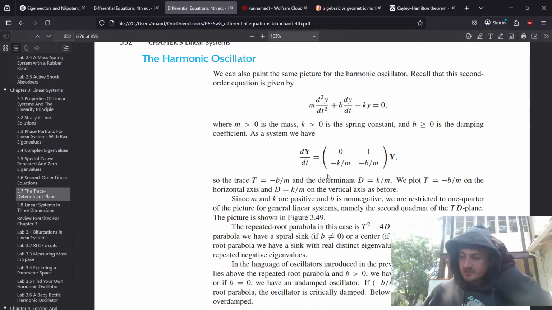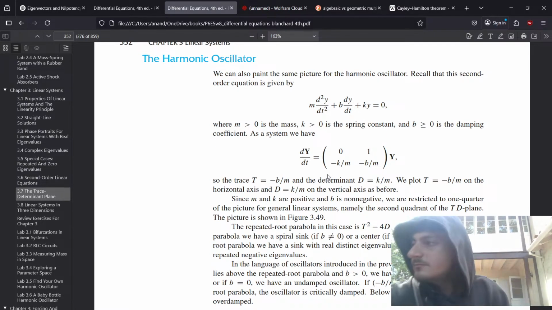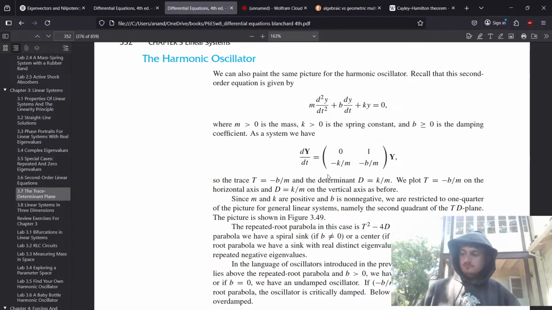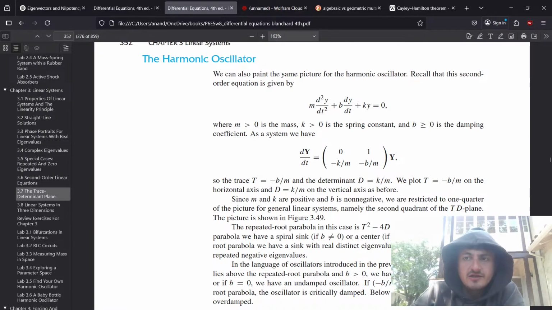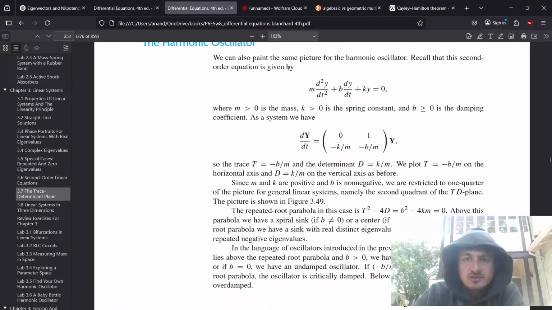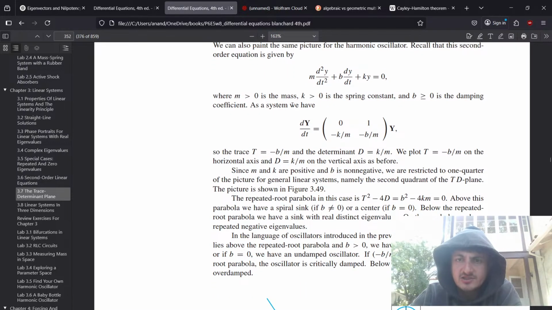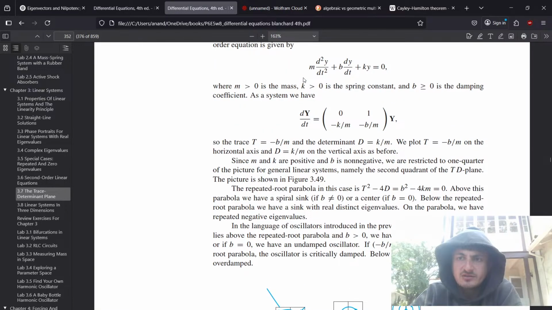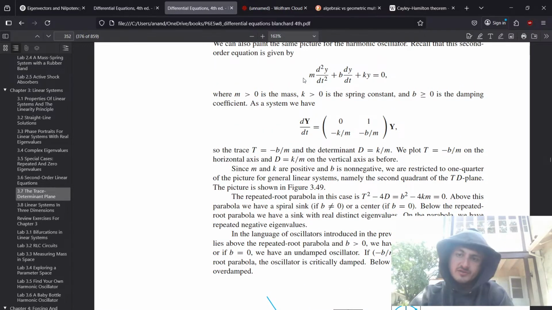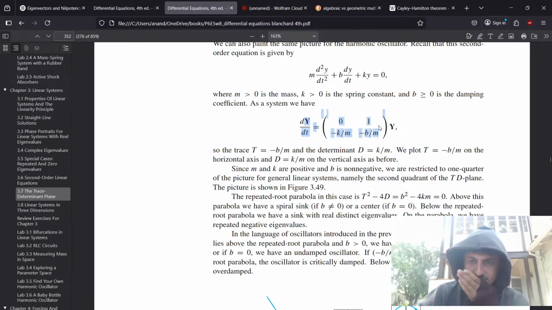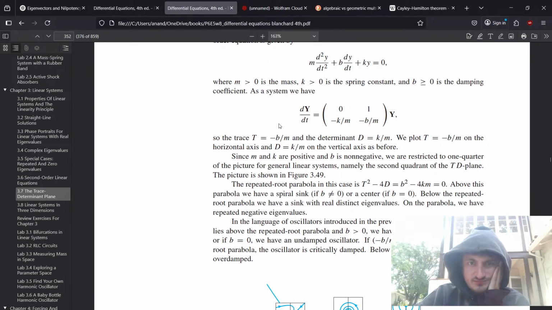All right, the harmonic oscillator. We can also paint the same picture for the harmonic oscillator. Recall that this second order equation is given by, where m is greater than 0 is the mass, k is greater than 0 is the spring constant, and b greater than or equal to 0 is the damping coefficient. Okay, we get this system, and we calculate the trace and the determinant.